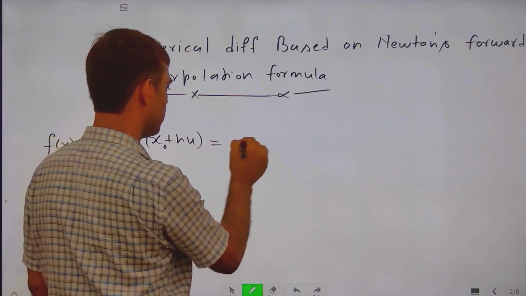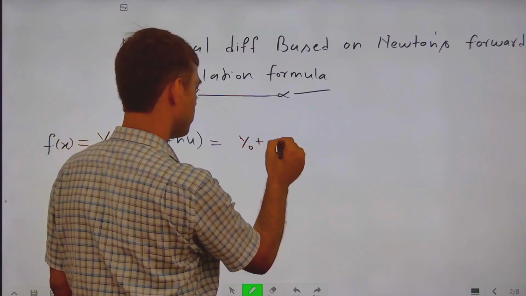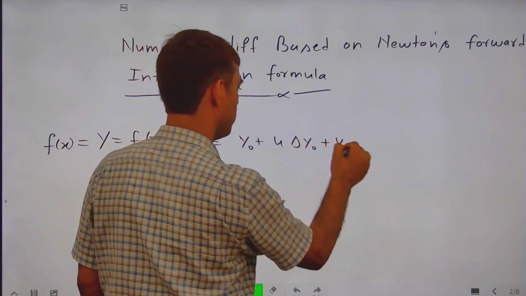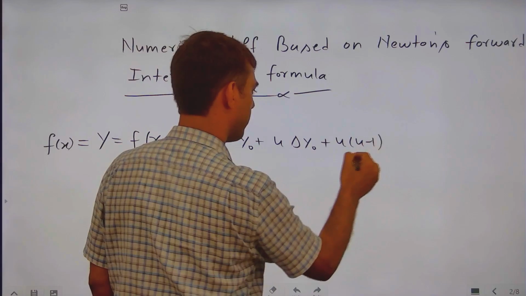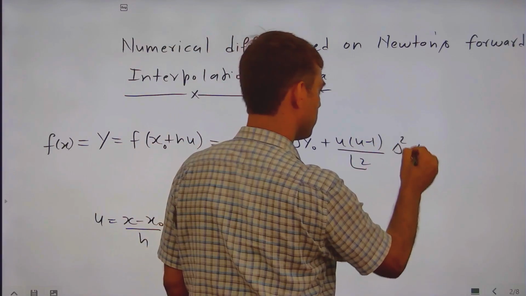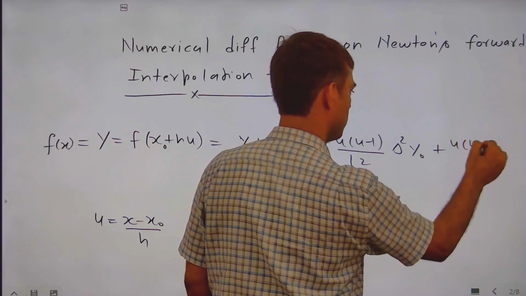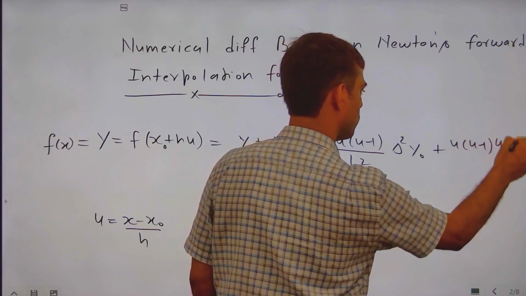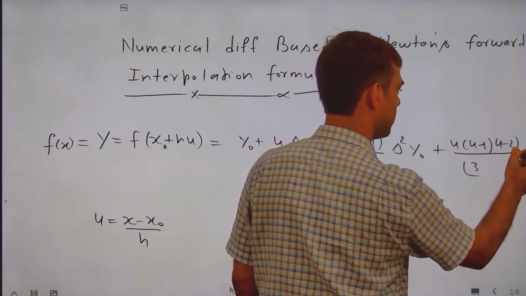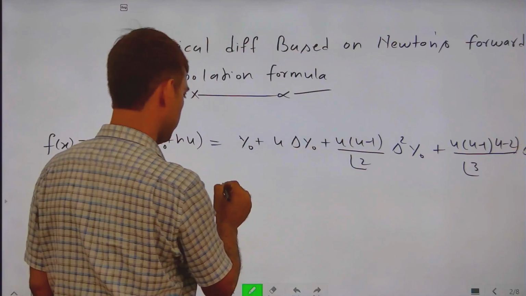What is the first term? The first term is y0, plus u del y0, plus u(u minus 1) upon factorial 2 del 2 y0, plus u(u minus 1)(u minus 2) upon factorial 3 del 3 y0, and so on.